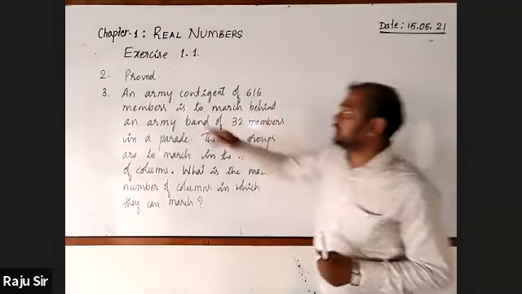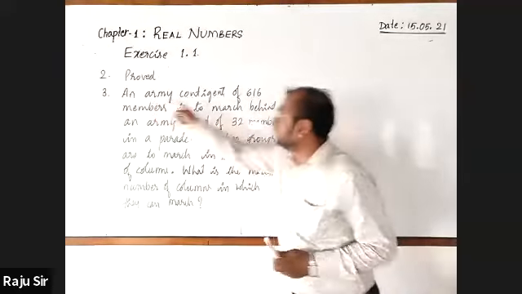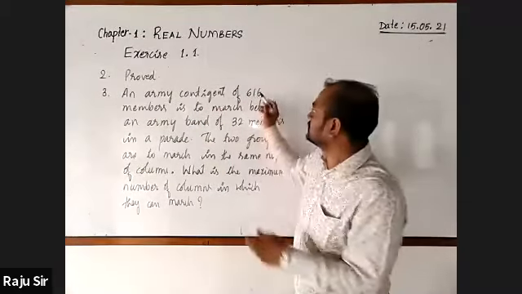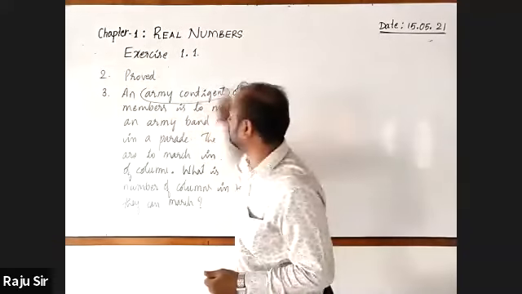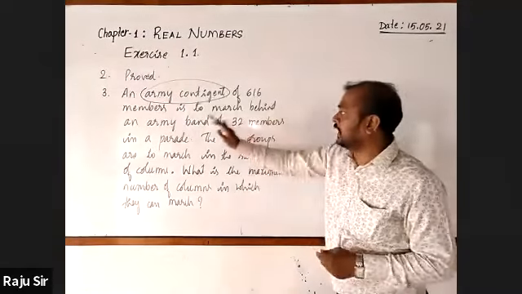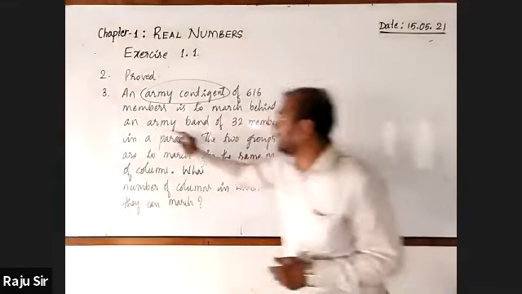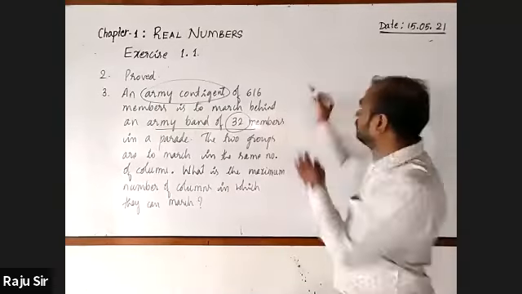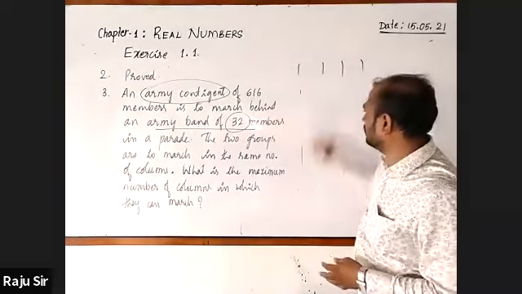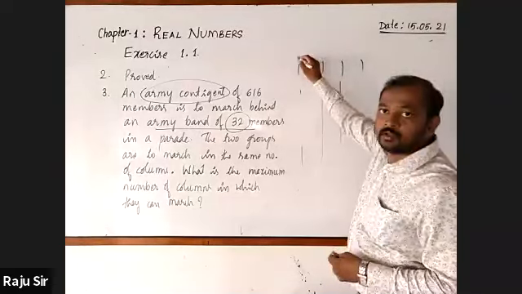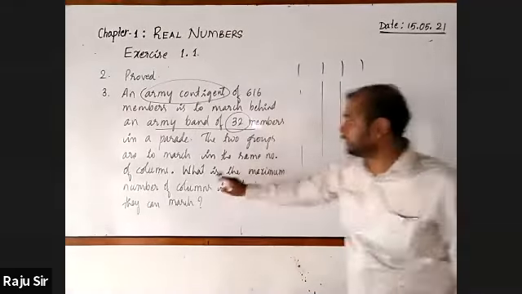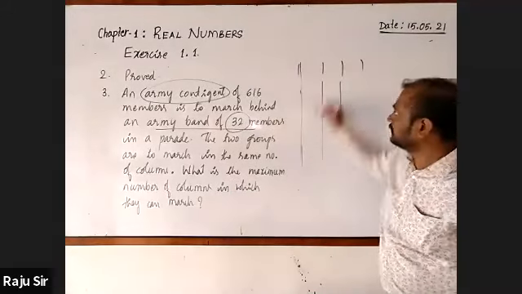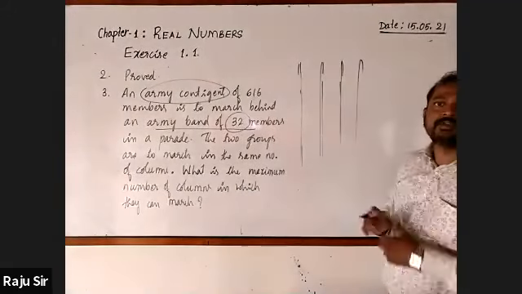An army contingent of 616 members has to march behind an army band of 32 members in some number of columns. You are going to find out the maximum number of columns in which they can march.